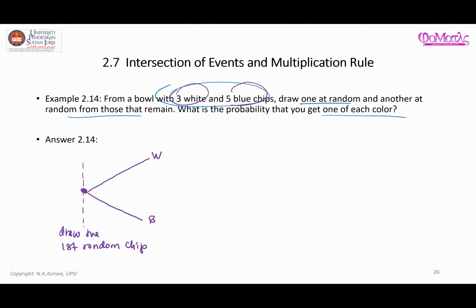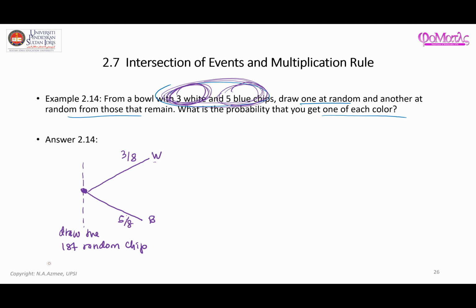Now, let's think about the probability of getting the white chip. The probability is going to be the number of white chips that you have over the total chips that you have. So the probability of getting a white chip is going to be 3 over 8. And the probability of getting a blue chip is going to be 5 over 8. I hope you can see that when you add them up, it's going to be equal to 1.